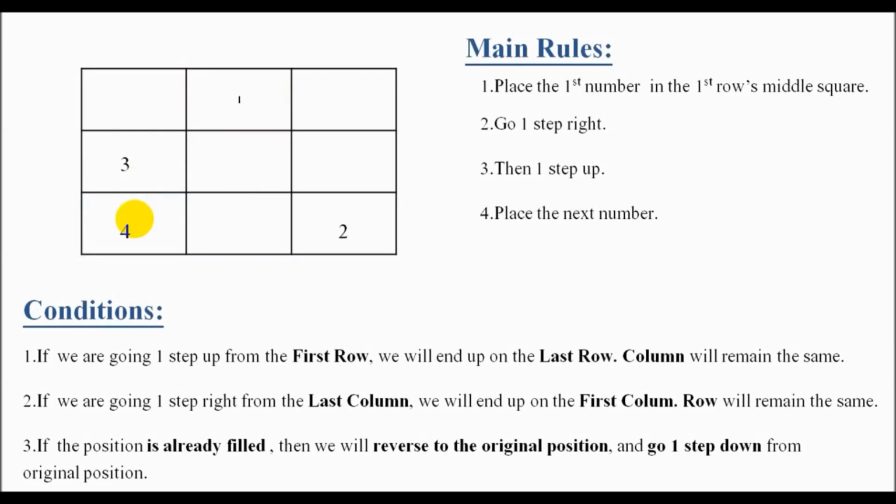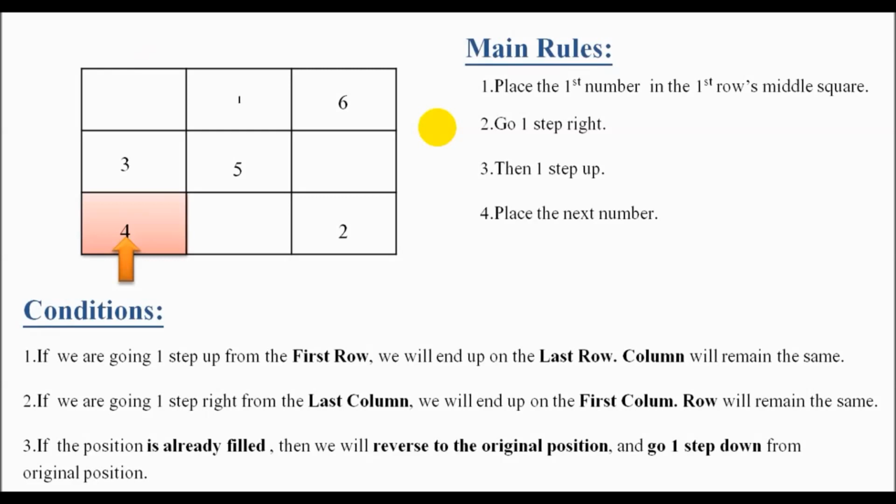4. So again, one step right, one step up. Our next number 5, one step right, one step up. Our next number 6, one step right, and we're leaving the column, so we'll end up in the first column. And then one step up, we're leaving the top, so we'll end up in the last row, of course.